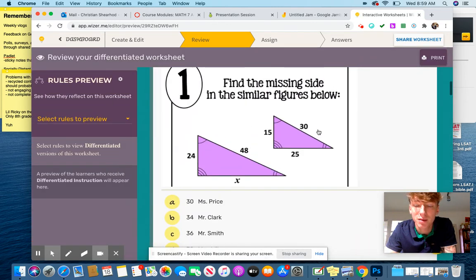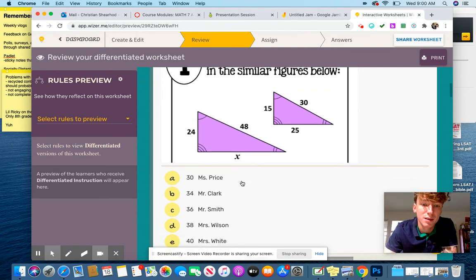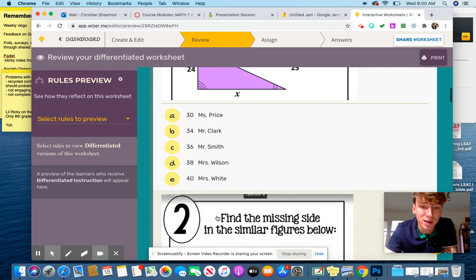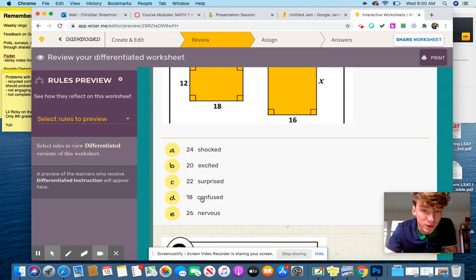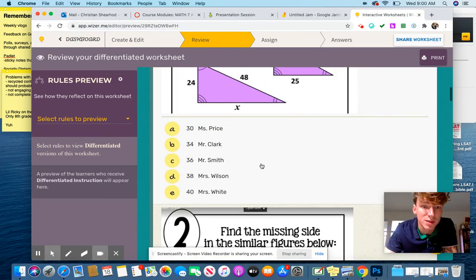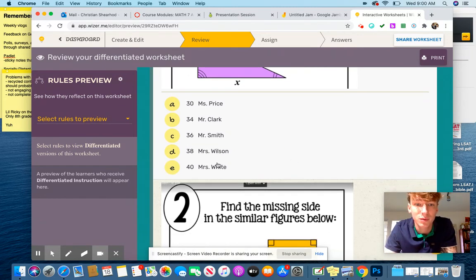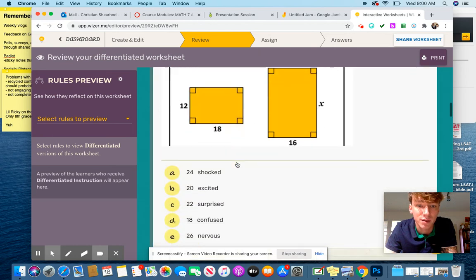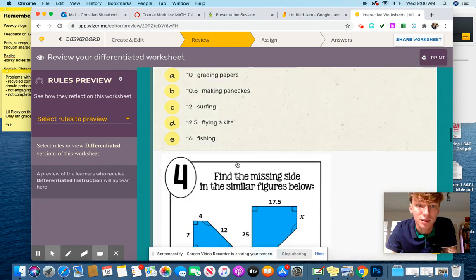And it's the same kind of problems we've been doing. Match the sides, solve for the missing one, right? Now, it has these weird names next to it and these weird words. So what it's going to do is once you find all the answers, it's going to make you a silly little story or something like that. Okay, so don't be distracted by the words next to your numbers. Just be solving for the missing numbers.